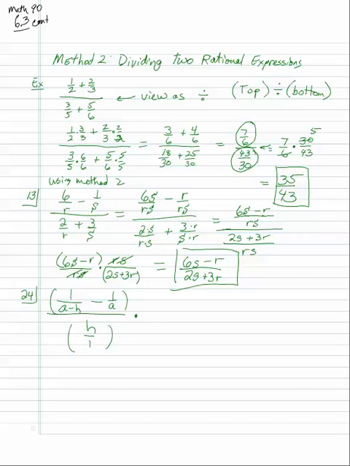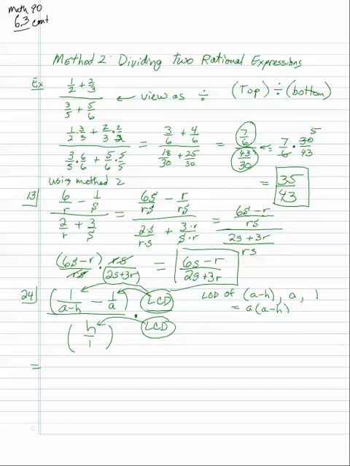So I'm going to multiply by the LCD for a minus h, a, and 1, which is just going to be a times a minus h. And remember, when you distribute this, that LCD is going to go to the top of each fraction.